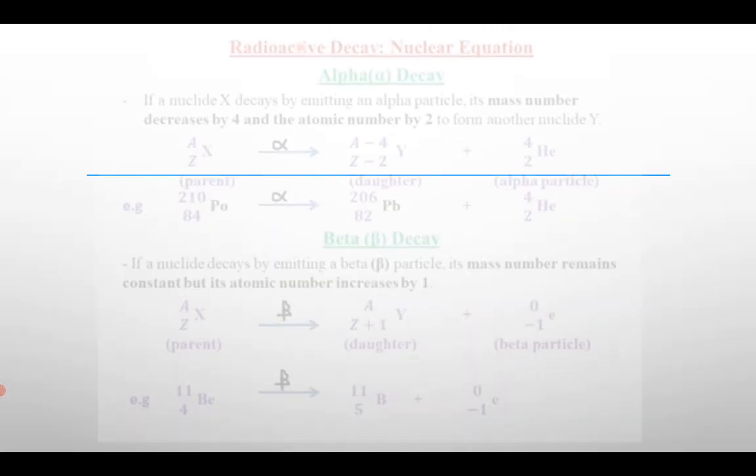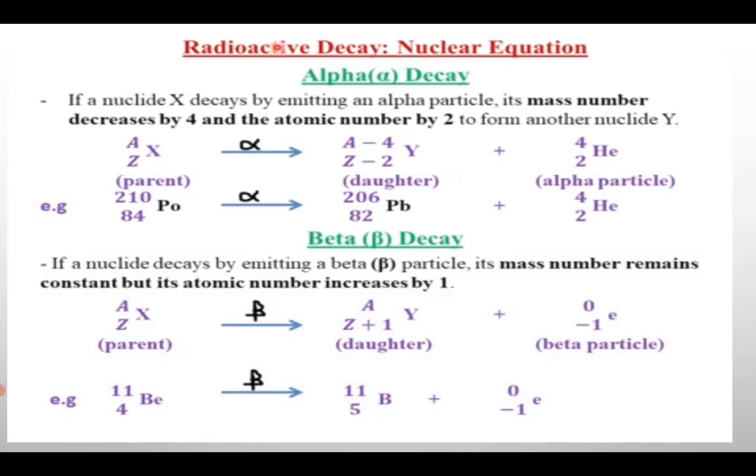Great. Alright, so welcome to the subtopic. The topic is radioactivity, subtopic radioactive decay. And we are going to be looking at nuclear equations. Alright, not chemical equations, but nuclear equations.